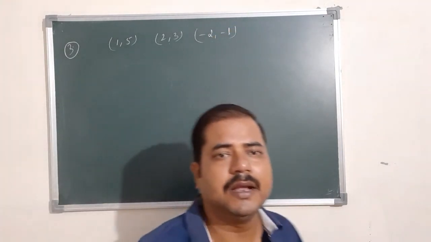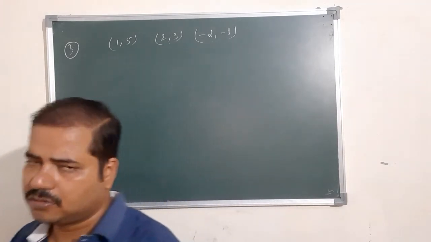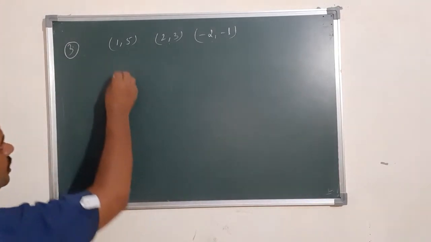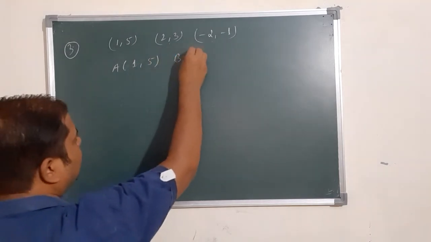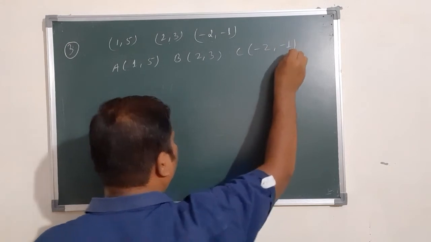We have to determine if the given points are collinear. For collinearity of 3 points, AB plus BC must be equal to AC. So suppose A is (1, 5), B is (2, 3) and C is (-2, -1).